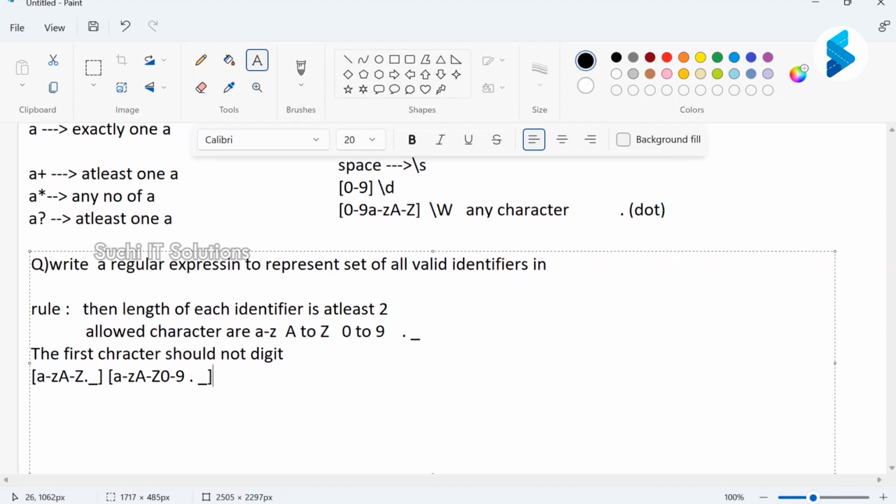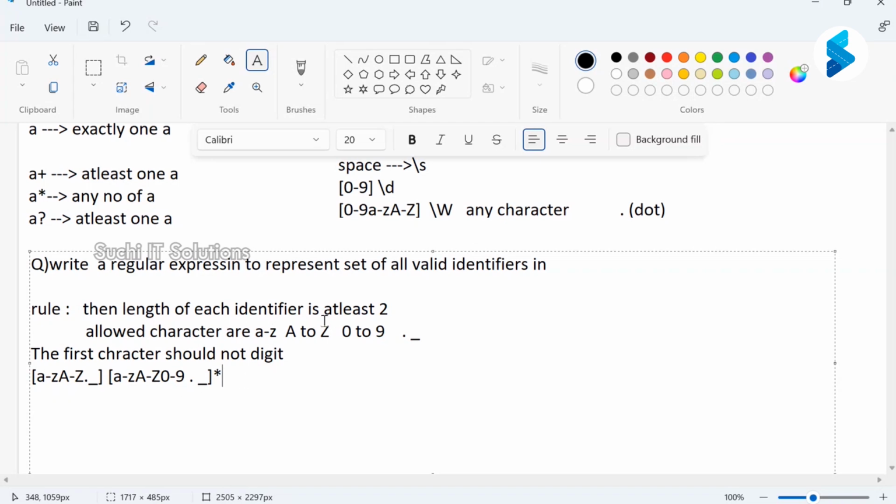Now I'm using the star symbol. What does the star symbol mean? Any number of repetitions. It means you can repeat small a and capital A, whatever it may be.